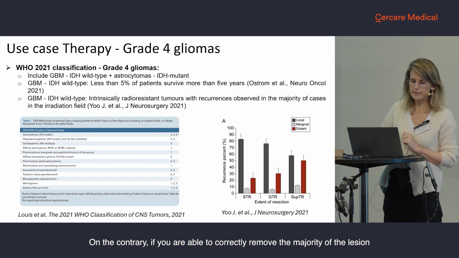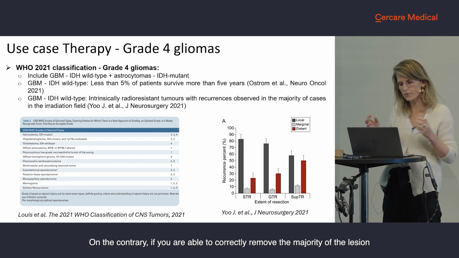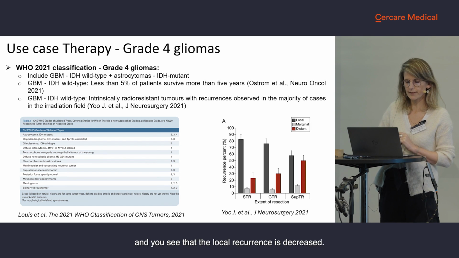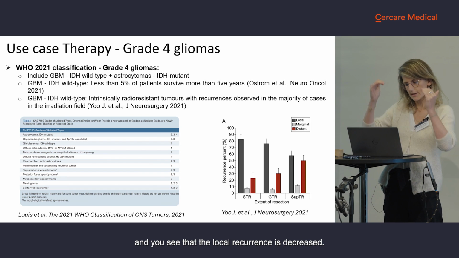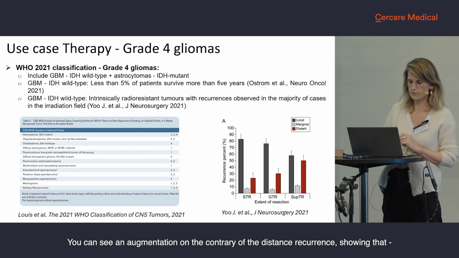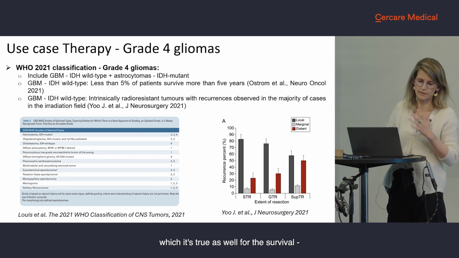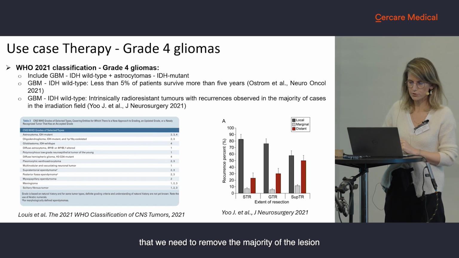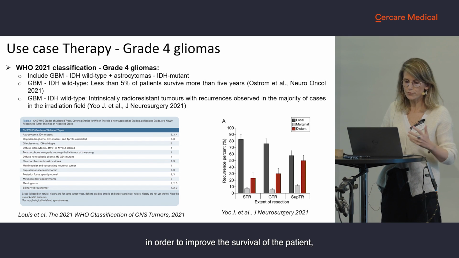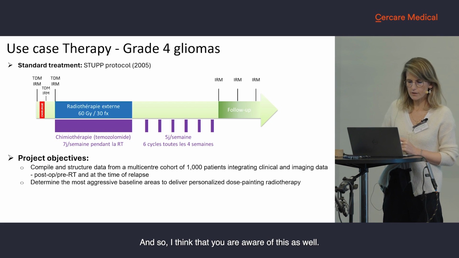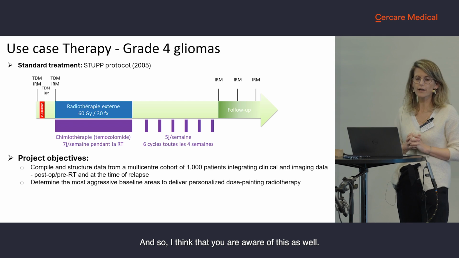And on the contrary, if you are able to correctly remove the majority of the lesion, you see that the patterns are quite different, and you see that the local recurrence is decreased, and you see an augmentation, on the contrary, of the distance recurrence, showing that, and it's true as well for the survivals, that we need to remove the majority of the lesion in order to improve the survival of the patient, but as well to decrease the risk of local recurrence. And so I think that you are aware as well of this.